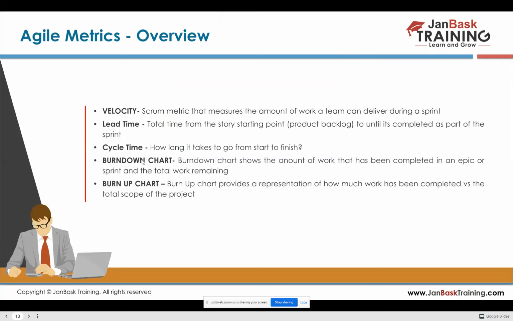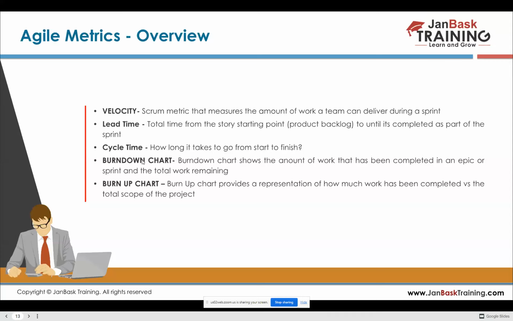For each story, you need to give a particular story point based on the complexity and the work that is required for that particular story. So each story or task will have a story point associated with it, and the story point is given from the Fibonacci series numbers.